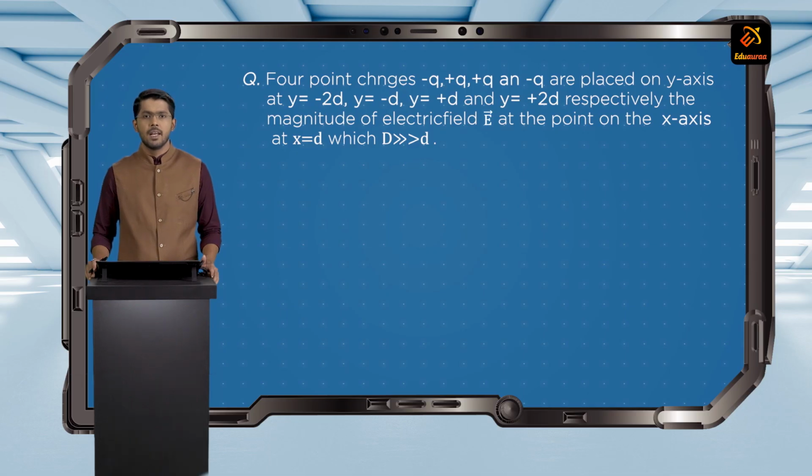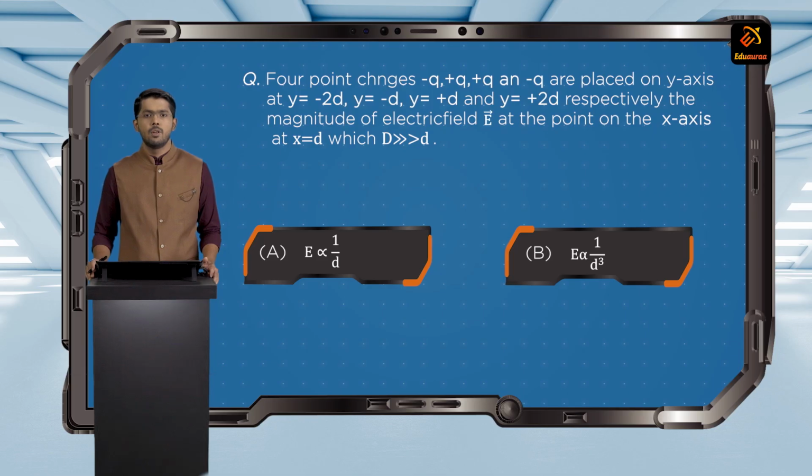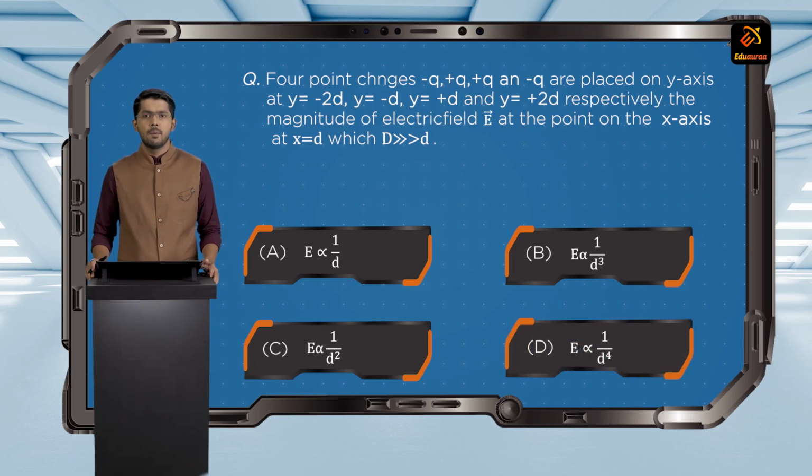The magnitude of the electric field E at a point on the x-axis at x equals capital D, with capital D being very much greater than small d, will behave as option A, E directly proportional to 1 by D, option B, E directly proportional to 1 by D cube, option C, E directly proportional to 1 by D square, or option D, E directly proportional to 1 by D to the power 4. This question was asked in JEE Main 2019, 9th April, 2nd session.